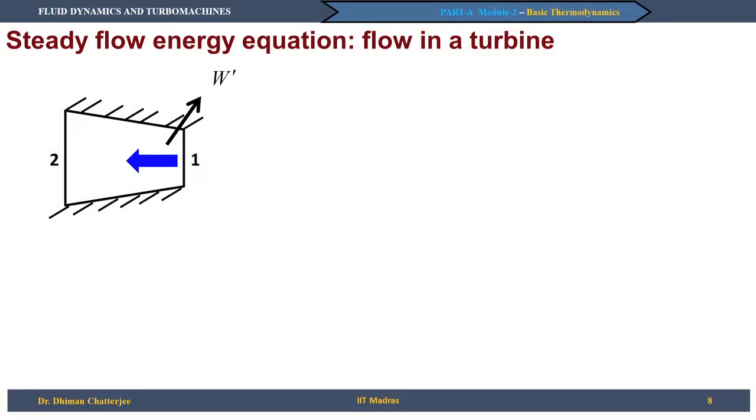The next example is the steady flow energy equation as applicable to flow in a turbine. Here again we take the turbine to be insulated, which means that Q prime equals 0. Please note that heat transfer in turbines may be present, but it is not significant, so I am taking it to be 0, and in most applications this is a fair assumption.